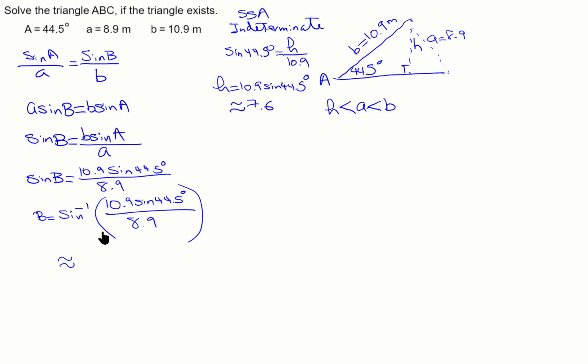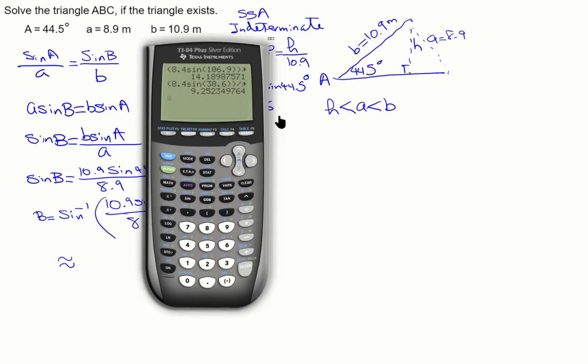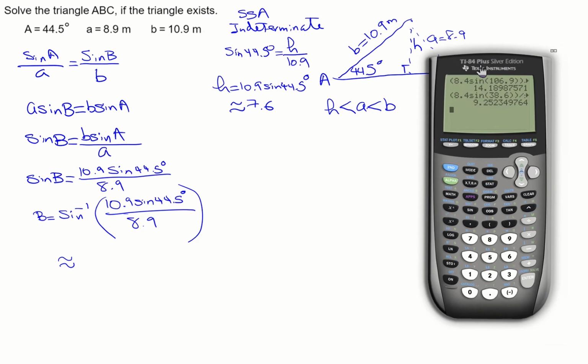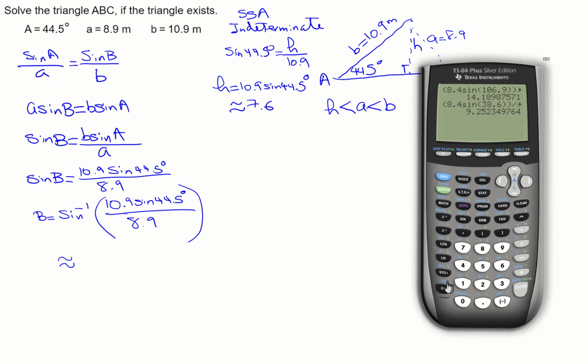and let me show you that one just in case. All right, so let's clear everything. We make sure we are in degree mode. Then we hit second sine for inverse sine.